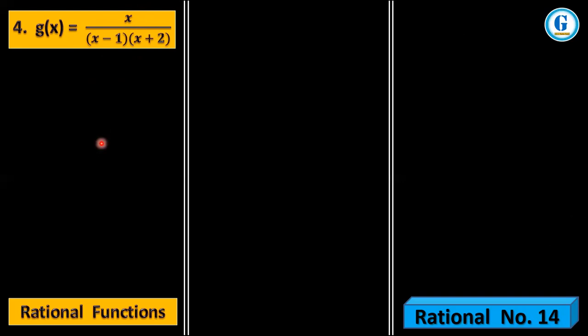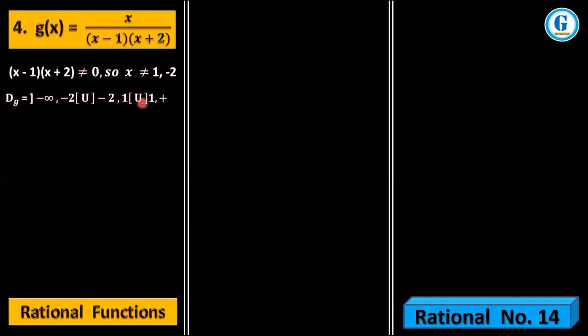So the domain here is x should not be equal to 1, and x should not be equal to minus 2. So we have negative infinity to negative 2, negative 2 to 1, and 1 to positive infinity. We now get the limits as x tends to plus or negative infinity. Why am I writing this? Because as x tends to plus or negative infinity, you just take the highest degree in the numerator, that's x.